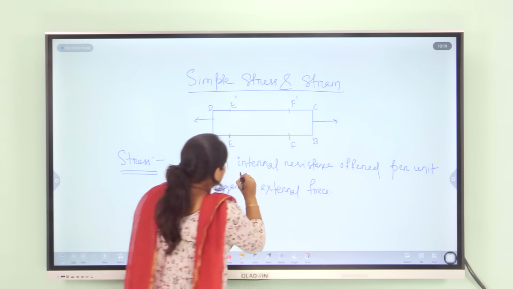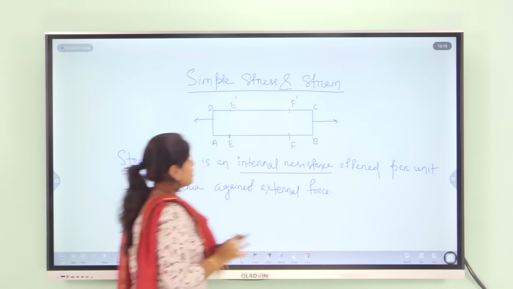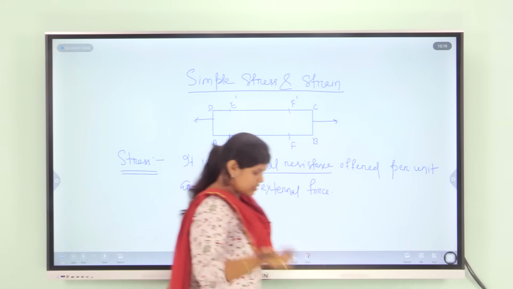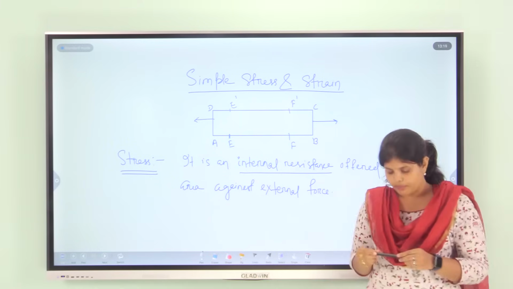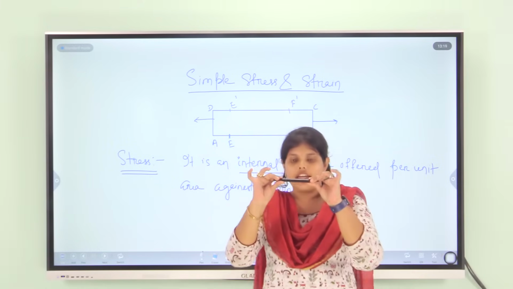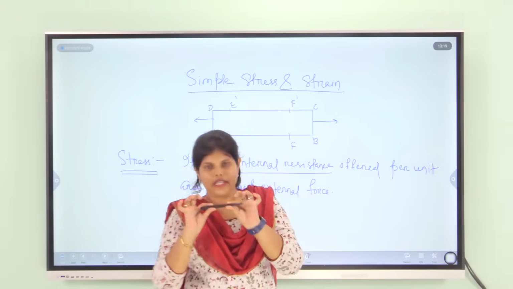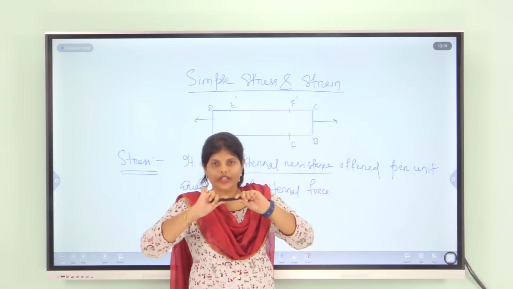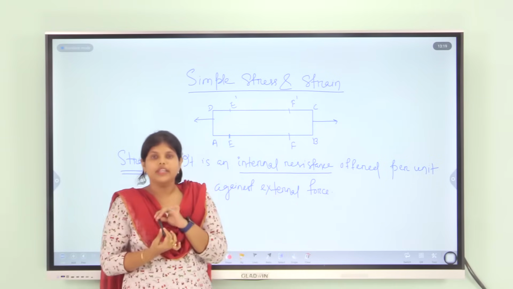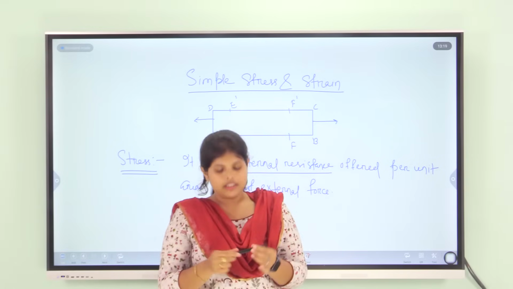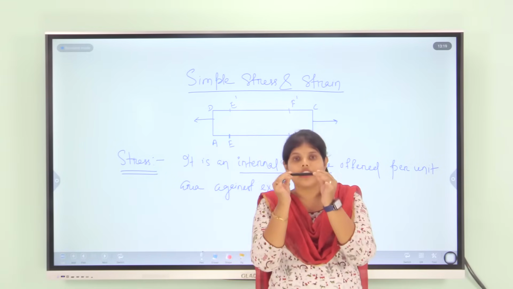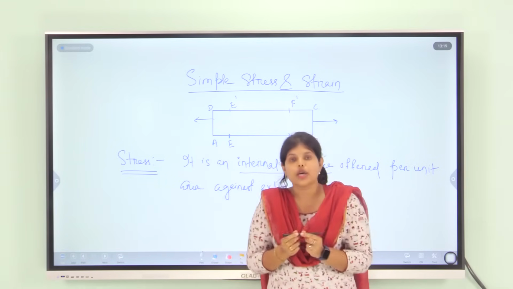We know two terms, that is internal resistance. What is internal resistance? If I try to break this pen, I will pull it or push it, but it will not break. Why? Because it has some internal resistance.